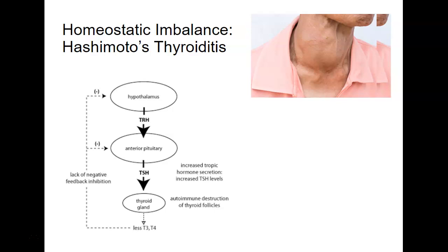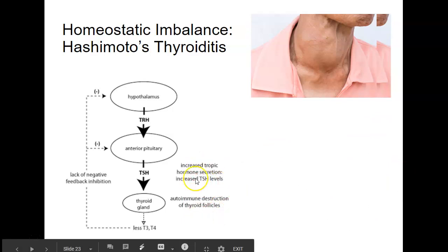Thyroiditis, aka a goiter, is another example of one thing that can happen. In this case, you have an autoimmune destruction of the thyroid follicles. So the thyroid cells themselves are not functioning as they should. What that means is you are releasing less T3 and T4 than you normally would.